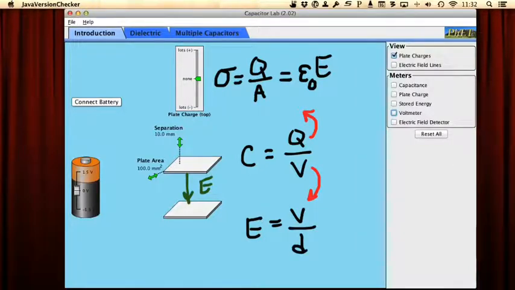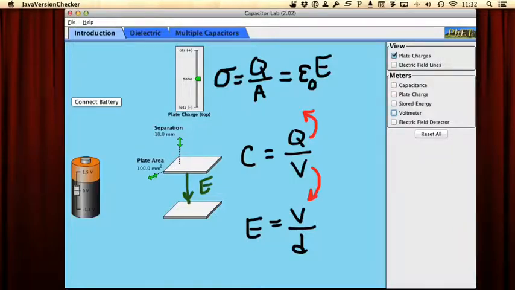Okay, so just to summarize what we've done here, we've taken a look at the two aspects of capacitance. First of all, the charge. Second of all, the electric potential difference V between the two plates. And we've noticed that there are other factors that affect both of those numbers. In the first case with Q, that's affected by the charge density.